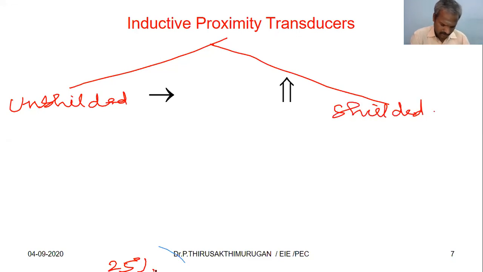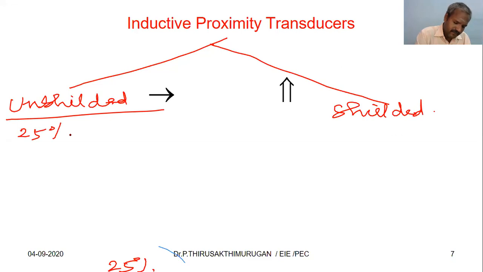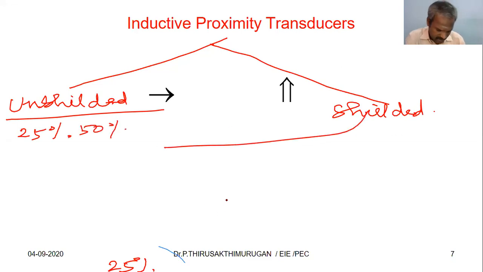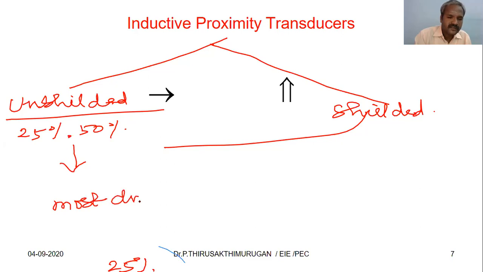So the sensing range for unshielded is 25 to 50% longer than the shielded type. Okay, so the best choice is most of the industry uses unshielded type. So this is the most choice for industries.